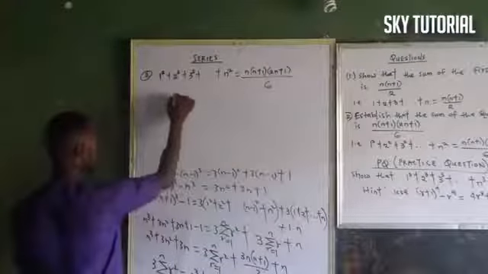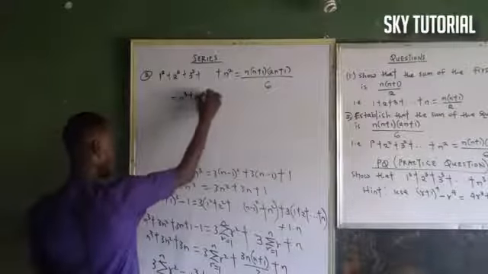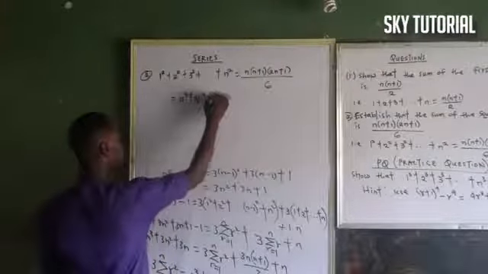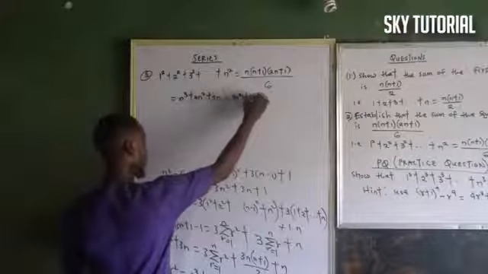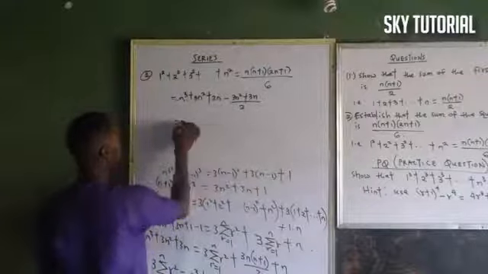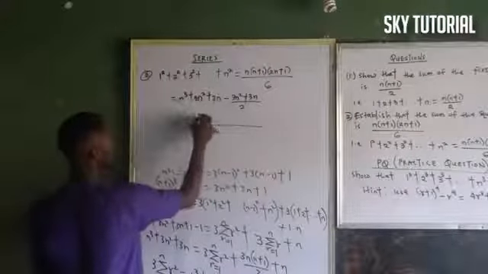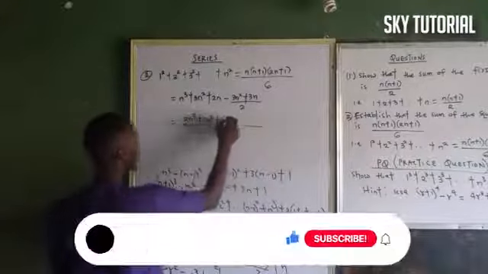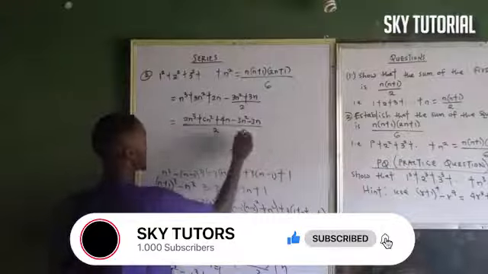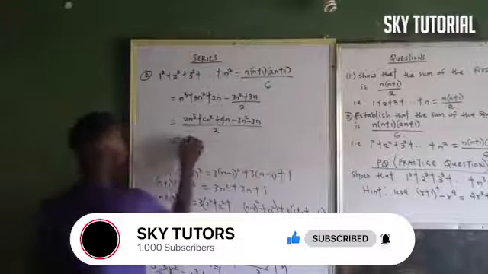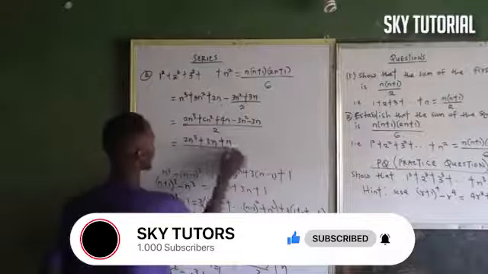So we are going to have it to be equal to n^3 + 3n^2, this and this will give us plus 2n, minus (3n^2 + 3n)/2. So when we find the LCM, we have 2n^3 + 6n^2 + 4n - 3n^2 - 3n. And this will reduce to (2n^3 + 3n^2 + n)/2.